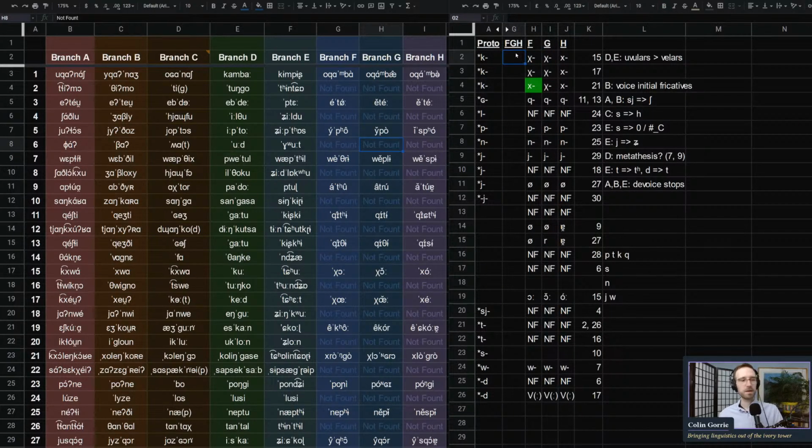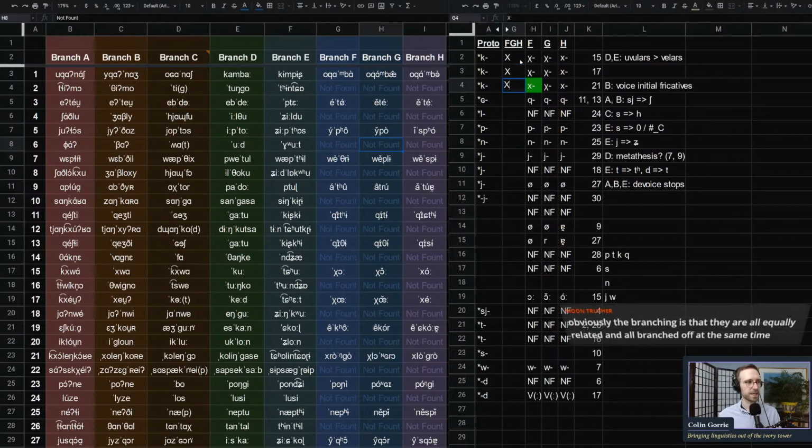And we can just work on our proto-FGH. So it seems clear that for these we need some sort of a fricative, uvular, velar, not sure. Here, voiceless uvular stop, P, N, yeah.